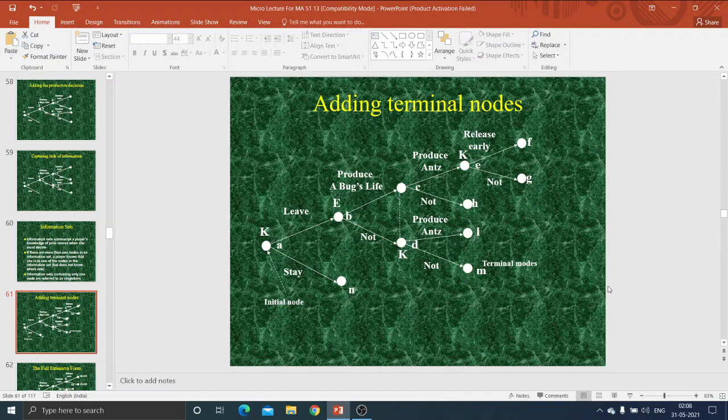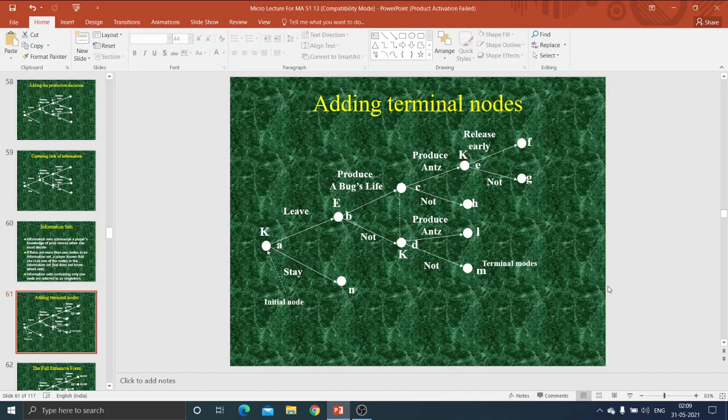Adding terminal nodes in this case, these two points: you can produce Antz, or you can, without producing A Bug's Life, produce Antz, and then your payoff would be different.